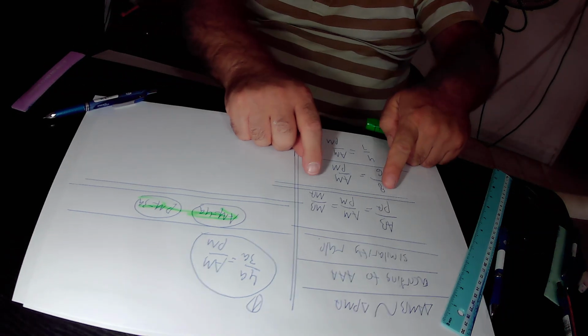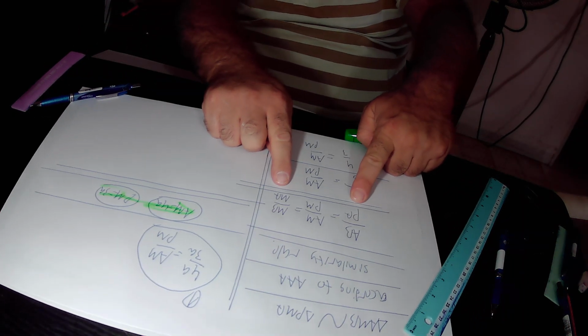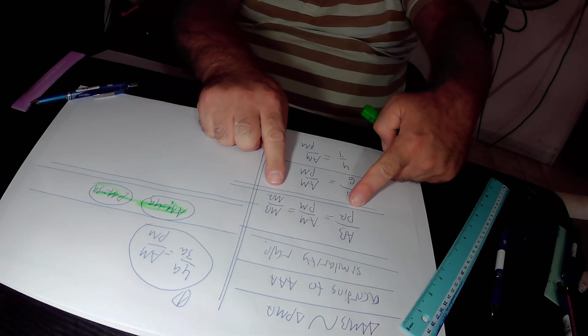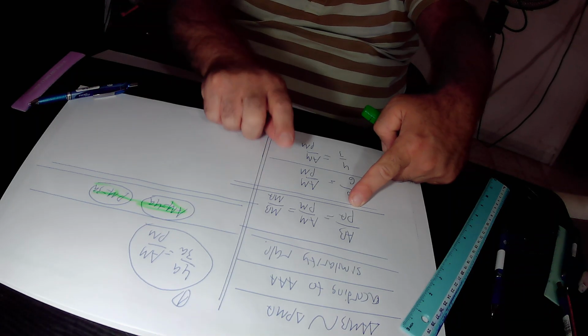From this equation, we will derive that AB over PQ equals MB over MQ. AB over PQ is 4 over 3, so 4 over 3 equals MB over MQ.